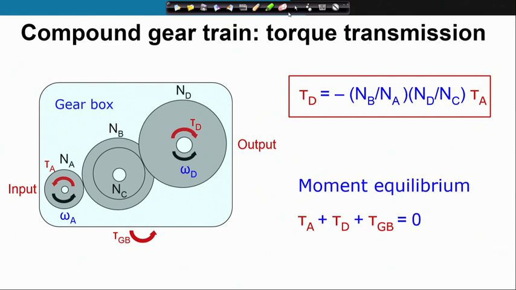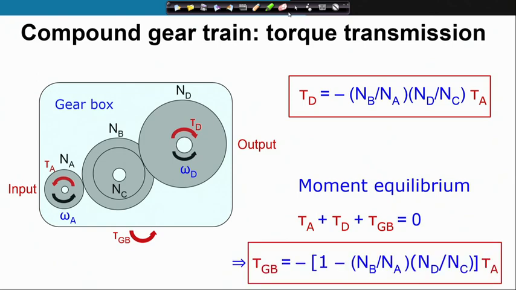You can substitute tau_D in terms of tau_A and calculate tau_GB in terms of tau_A. So, that relation gives us how much torque has to be resisted by the foundation of the gearbox.